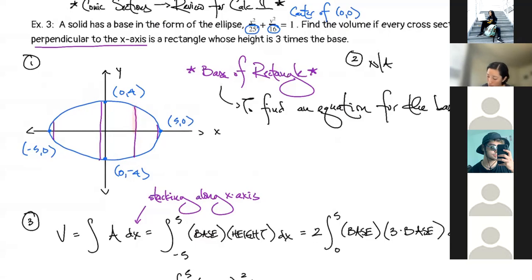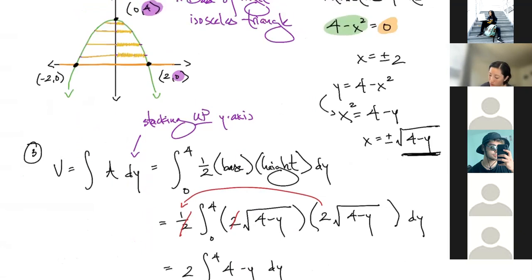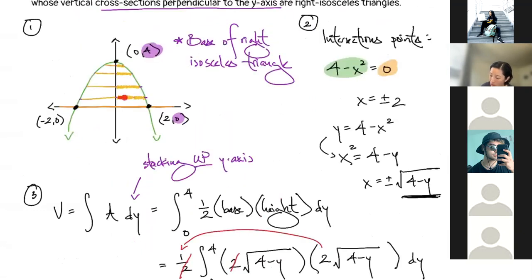So maybe let's go back to example 2. So is this a y distance or an x distance? And anyone can answer this, but these squiggly yellow ones that we drew, are those y distances or x distances? These are x distances, okay? And so if we have x distances, then we needed to get x by itself.